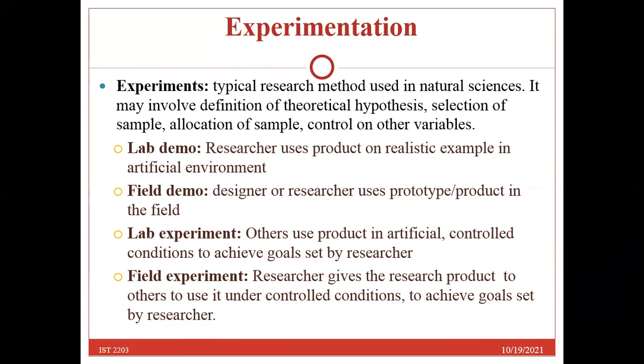And then field demonstration is where the researcher or designer uses the prototype or the product within the field. So again, the researcher is with the product in the natural environment in the field and sees how it behaves.